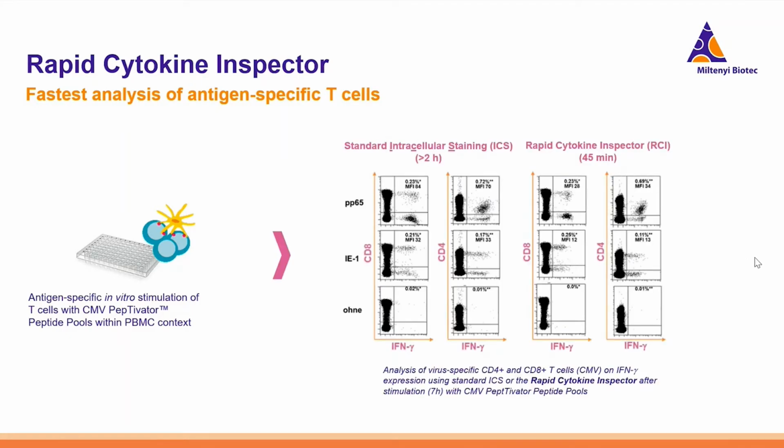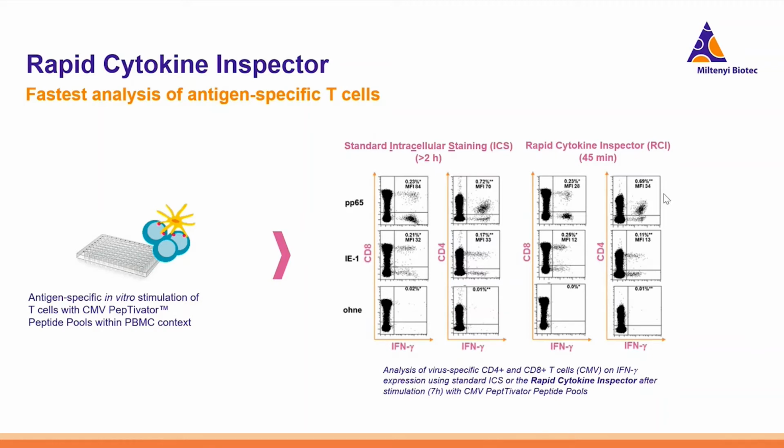And as you can see, the Rapid Cytokine Inspector performed at least as good as the classical intracellular staining, but yields the benefit of a much faster protocol and less washing, less cell handling, and then of course less cell loss. Hereby, a classical intracellular staining can take up to hours, while with the Rapid Cytokine Inspector, you're done in only 45 minutes.